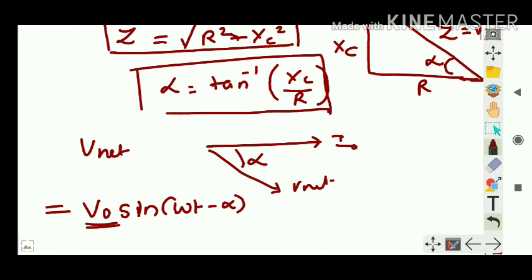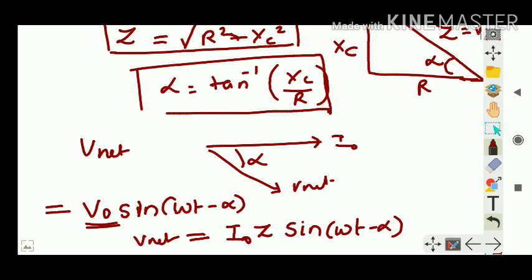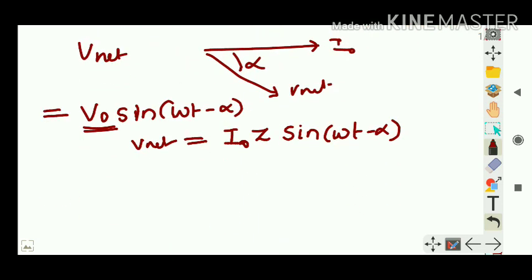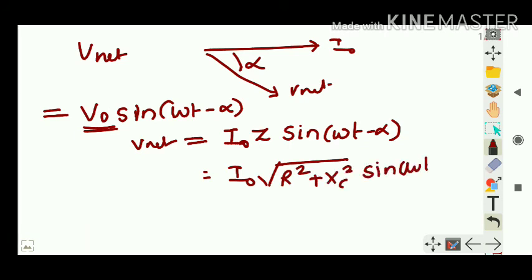In place of V naught, now I will write V net as I naught Z sine omega t minus alpha, or I can write it as I naught root of R squared plus XC squared sine omega t minus alpha. That is V net. What was current?